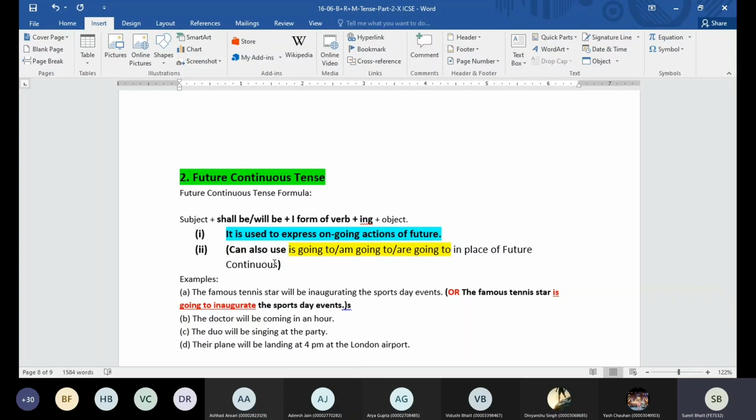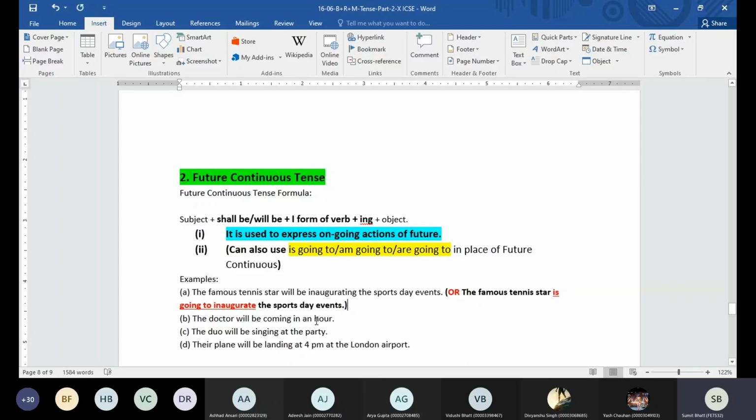But if you don't want to introduce future continuous for the actions which are going on in the future, you can simply make a sentence using is going to, am going to, or are going to in place of future continuous. Like, the famous tennis star will be inaugurating the sports day events, or we can say the famous tennis star is going to inaugurate the sports day events.